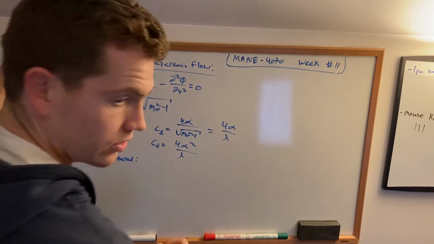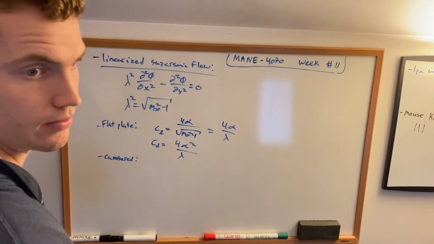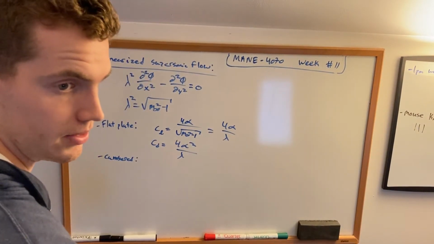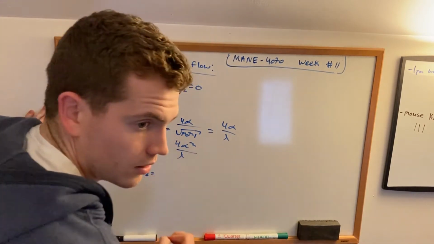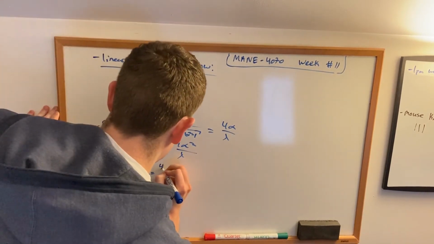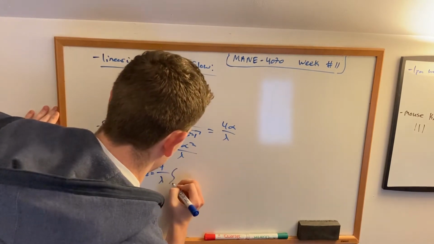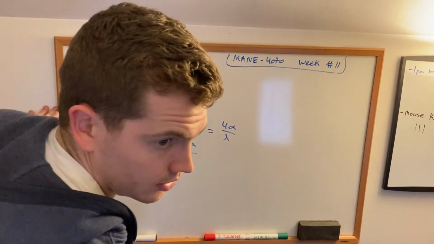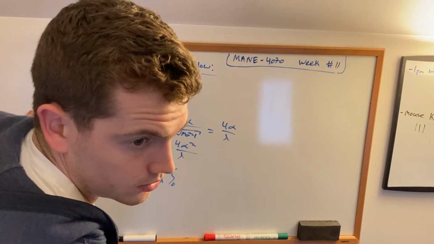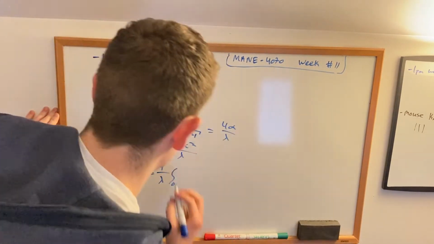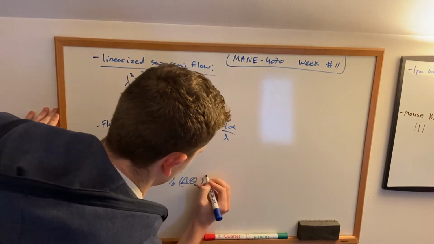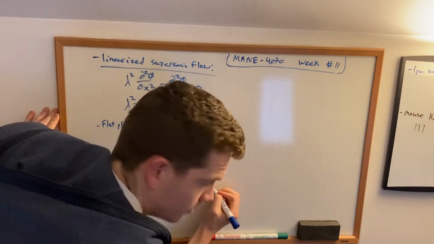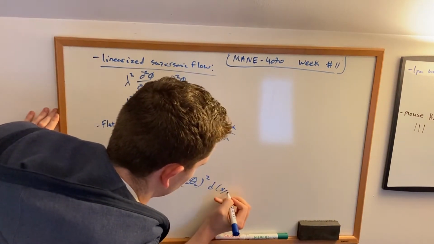And then for a cambered airfoil, we also found a slightly different equation where we got CD to be derived as 4 over lambda multiplied by the integral from 0 to d of theta c squared dx over c.